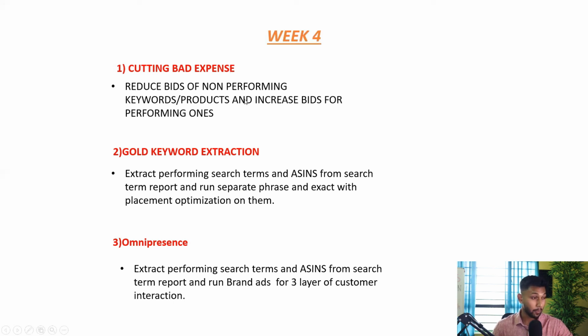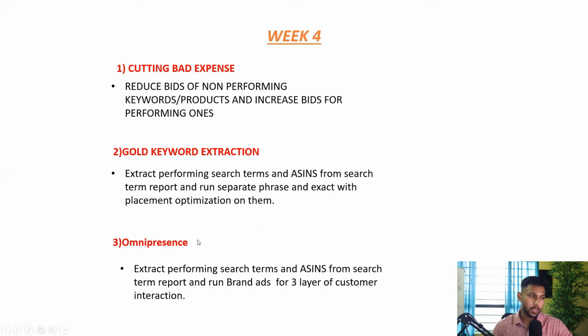So far we have learned how to cut bad expense, reducing bids for non-performing keywords and products and increasing bids for performing ones. We have also extracted performing search terms and ASINs from the search term report and run separate phrase and exact with placement optimization. We have also seen how to create those campaigns. We have also seen the definition of omnipresence and what you have to do exactly: extract performing search terms and ASINs and run brand ads for the third layer of customer interaction.